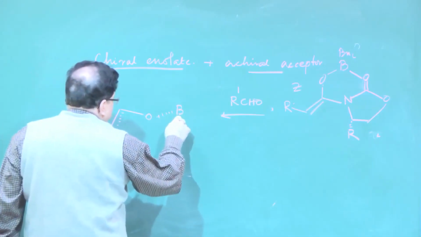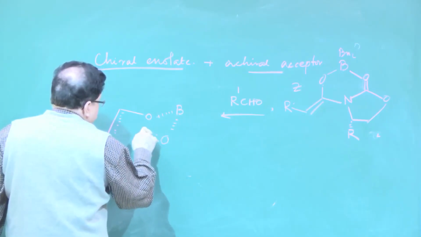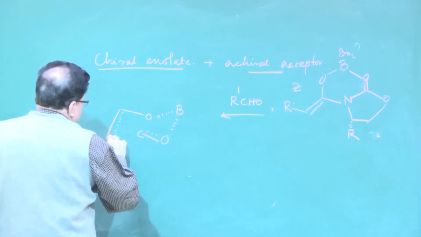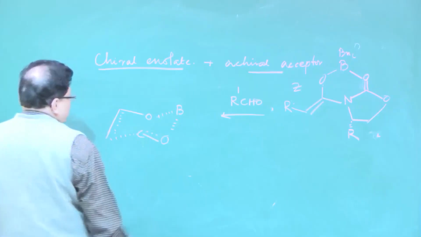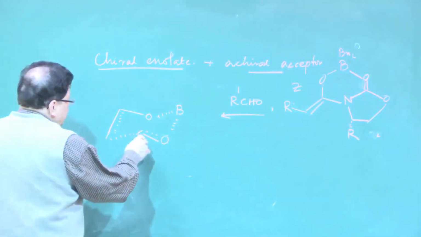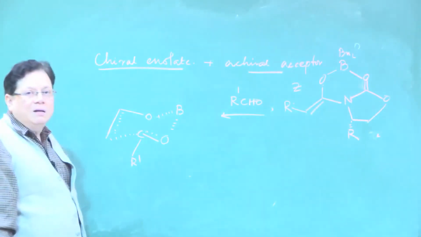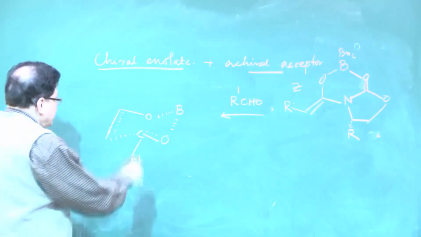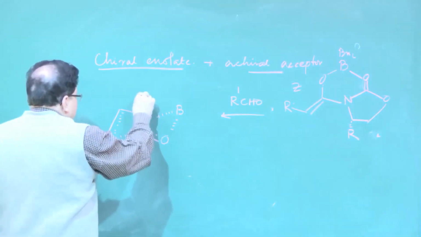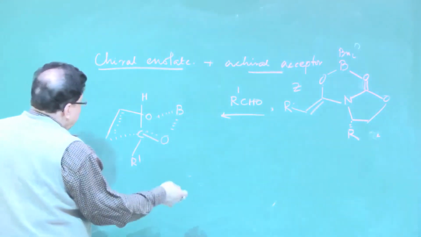You have boron, and then you have this carbonyl carbon, and here you have the formation of the carbon-carbon bond. Now, the syn selectivity demands that your R1 group should be on this side. Okay. So, the hydrogen will be on that side, and here it depends on the geometry of your enolate.